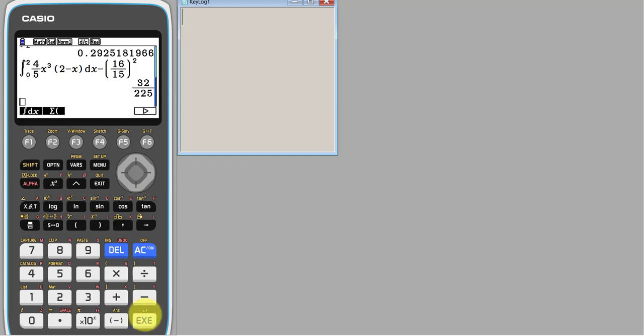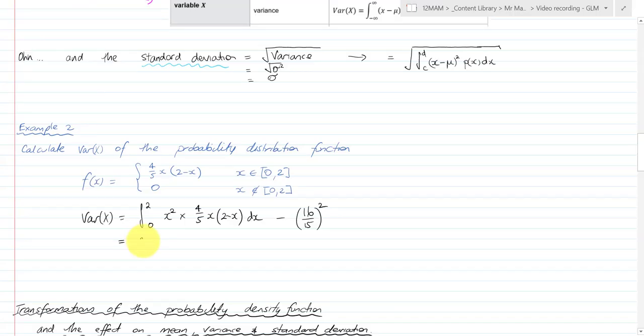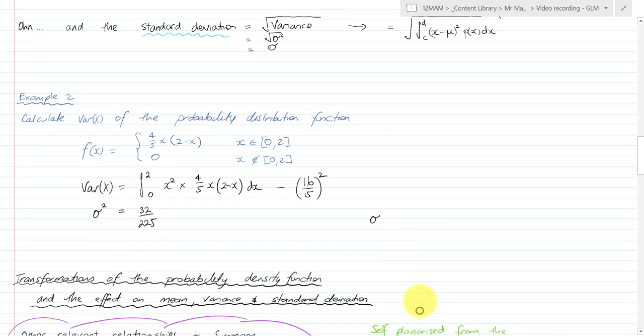And I get a variance of 32 over 225. So I'll go back and pop that down: 32 over 225. And if I wanted to calculate the standard deviation, this of course is sigma squared. That's what variance is. Sigma, my standard deviation, would be equal to the square root of 32 over 225. And to keep things exact, that's equal to 4 root 2 over 15.